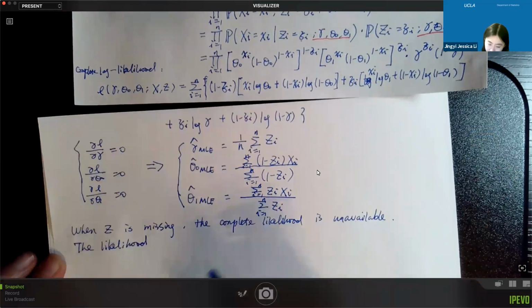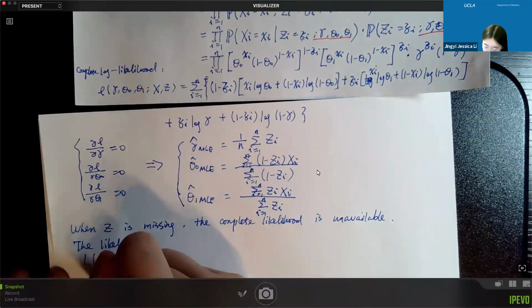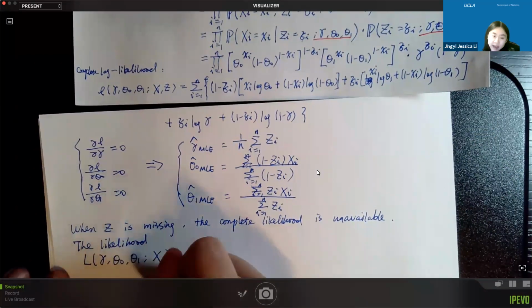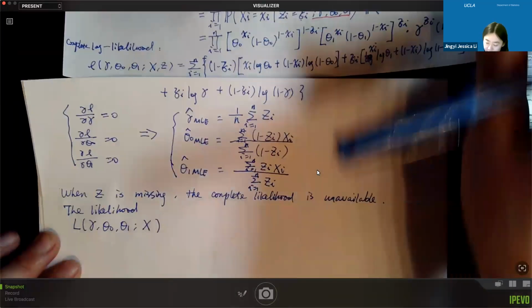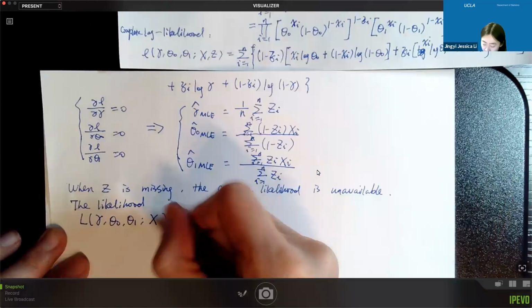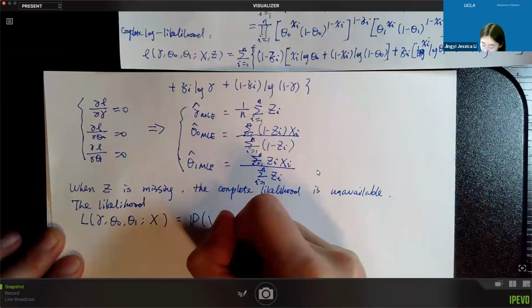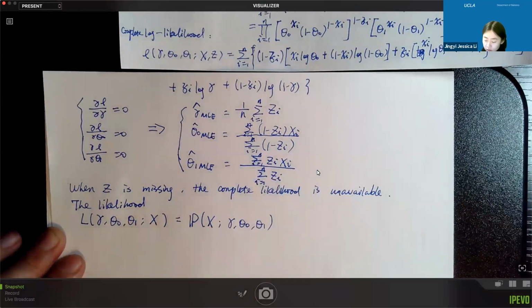So the likelihood is actually, we can write it as likelihood of gamma, theta 0, theta 1, given only our data x. And by the definition of likelihood, it's the joint density, or here the joint probability, of x given the parameter values. How do we write this out?